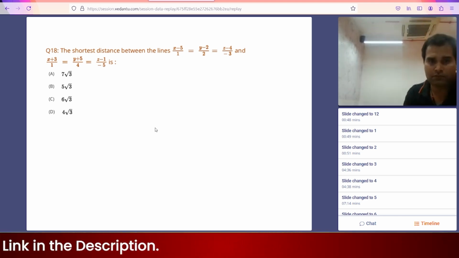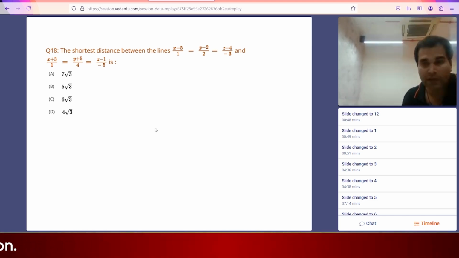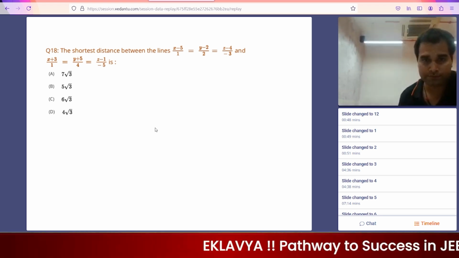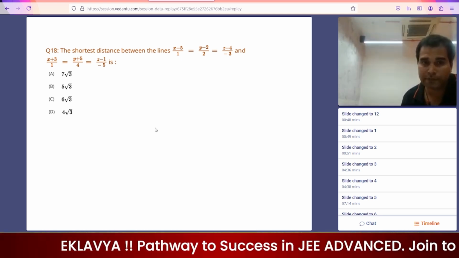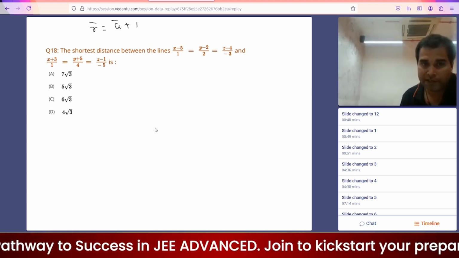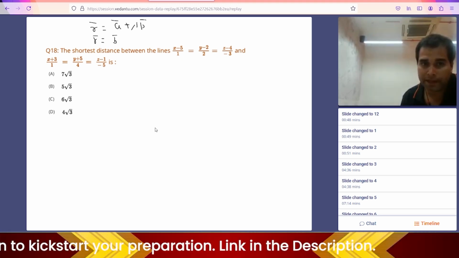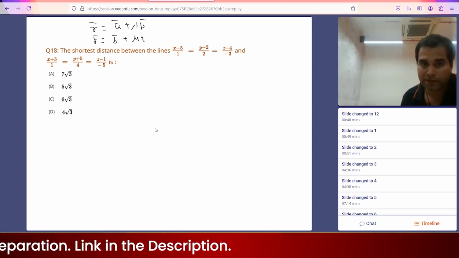But I will refer to this type of problem being solved in vector form. Vector shortest distance between vector equation of line: vector r equal to vector a plus lambda times vector p and vector r equal to vector b plus mu times q.